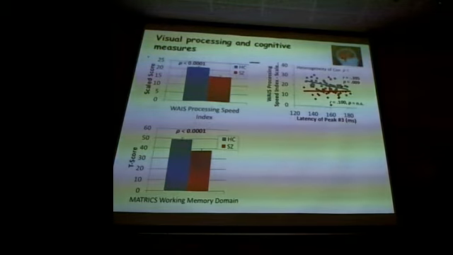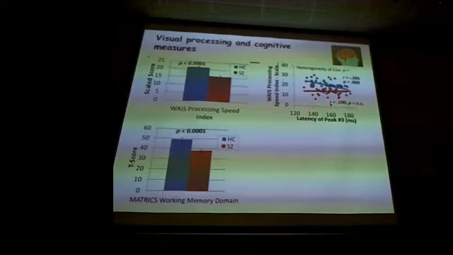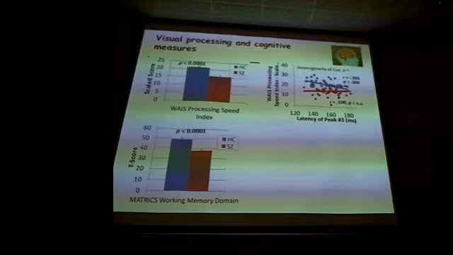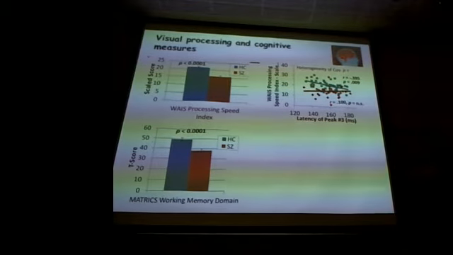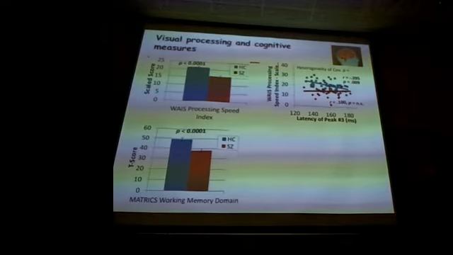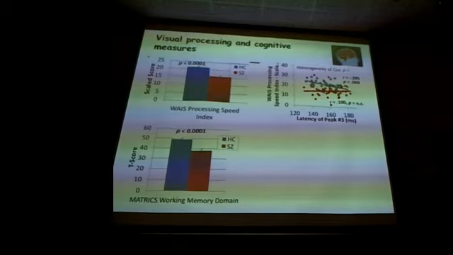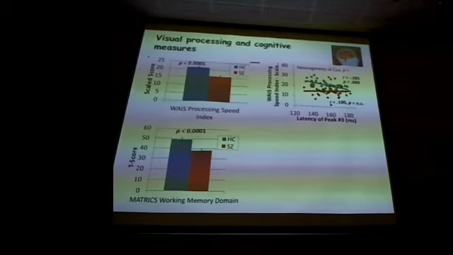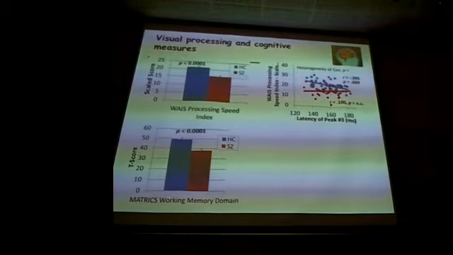What we also found is that latency of those peaks are related to behavior. Well, only related to behavior for the healthy controls, actually. So if you look at processing speed, for example, you see this group difference where the patients perform more poorly on processing speed, which means that they're generally just slower.